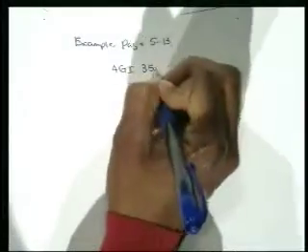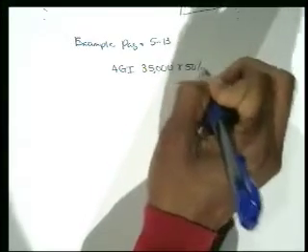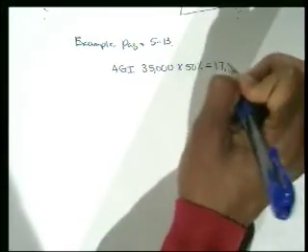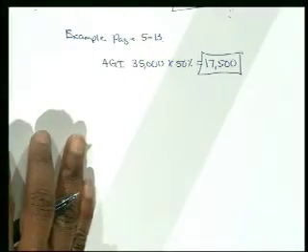Grace had adjusted gross income in 2008 of $35,000. Okay, so basically her AGI is $35,000 times 50% equals $17,500. So bottom line, all these deductions that we take can't be more than $17,500.